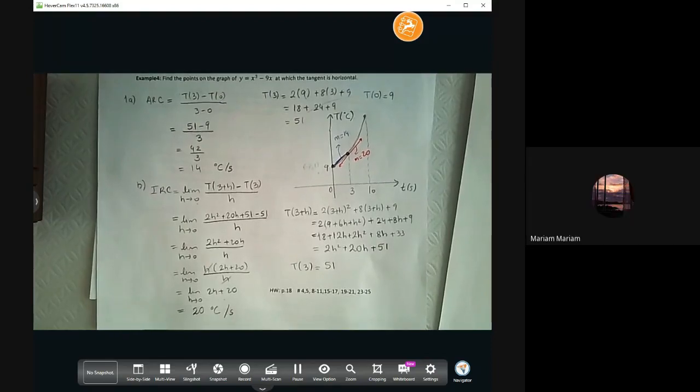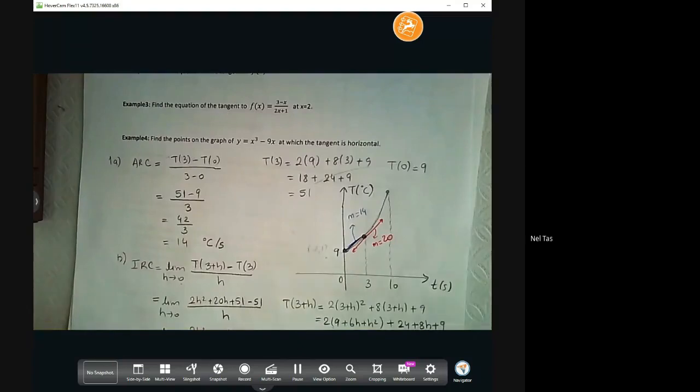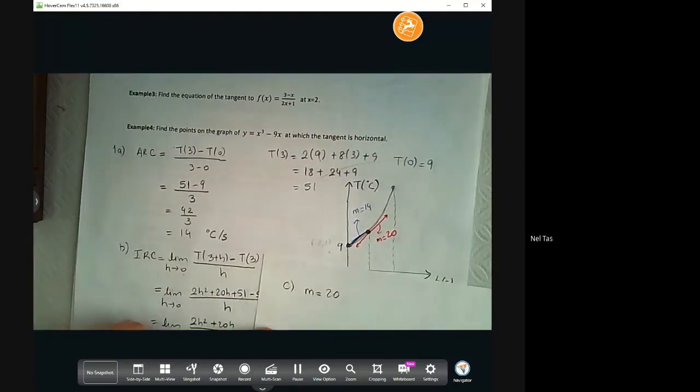I'm good. All right. So C, we are going to find the equation of the tangent, okay? And then we said the slope of the tangent is 20. Okay, slope is 20. And, you know, when you're writing the equation of a line, you get y equals mx plus b.